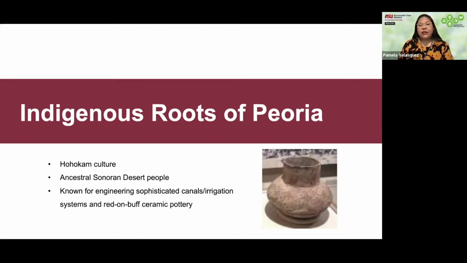Several Native American tribes are linked to the ancestral Sonoran Desert people and include Ak-Chin Indian Community, Gila River Indian Community, Salt River Pima Maricopa Indian Community, Tohono O'odham Nation, the Hopi tribe, as well as the Pueblo of Zuni.